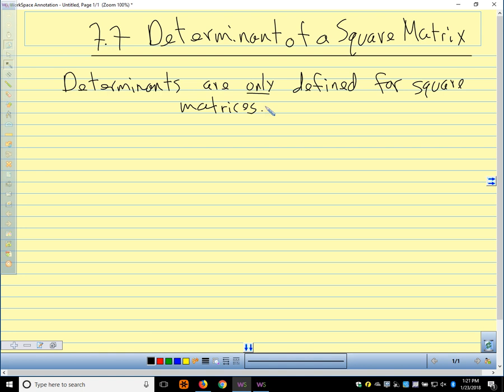So for a 2 by 2 matrix only, this process that we're talking about now only works for a 2 by 2 matrix.